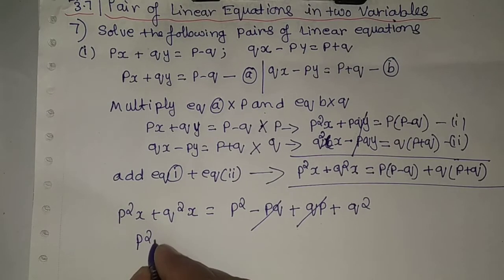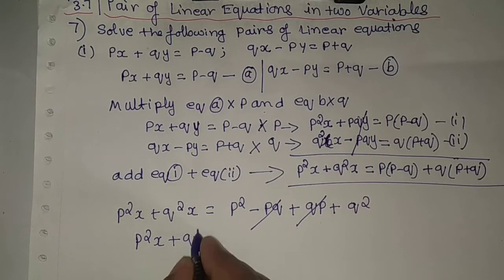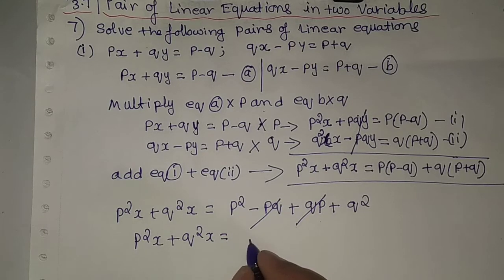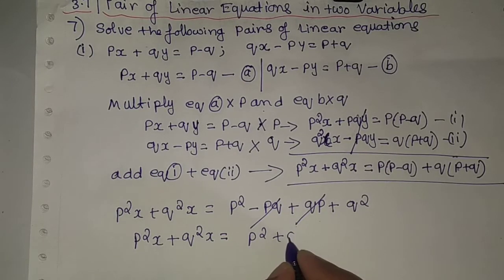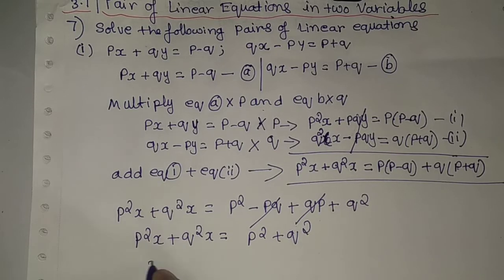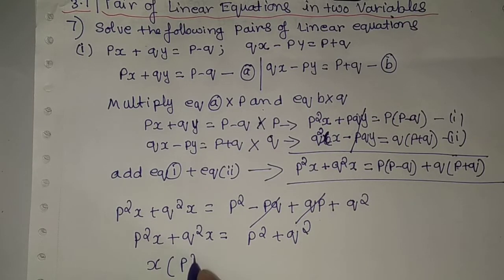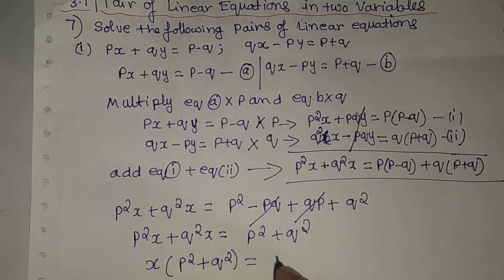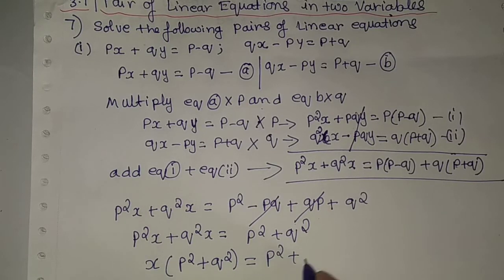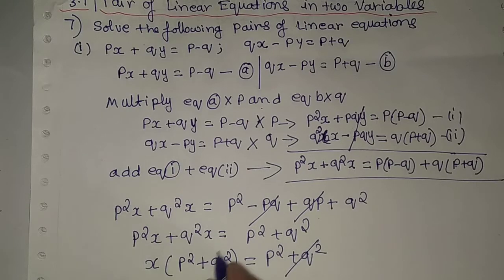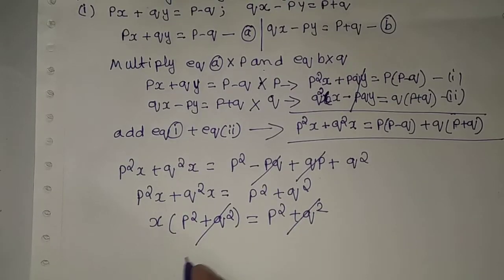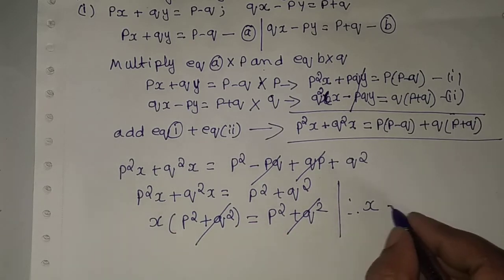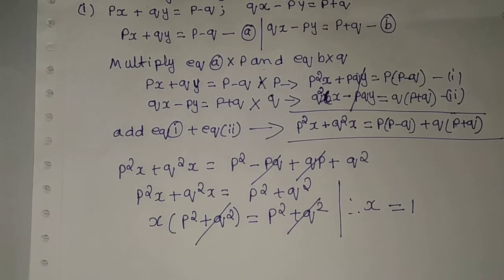Write down the remaining: x(P² + Q²) = P² + Q². Then cancel these two, therefore we get x = 1.